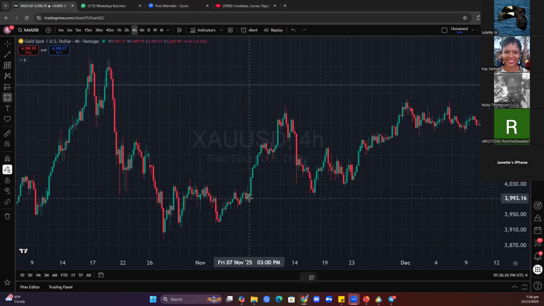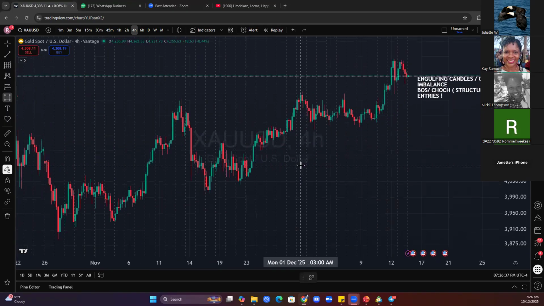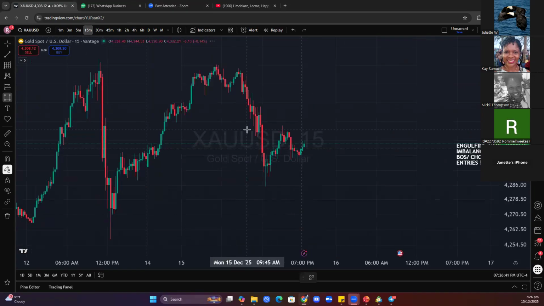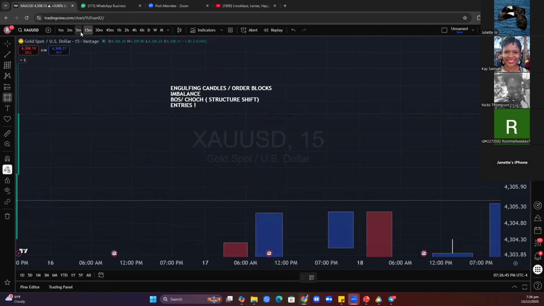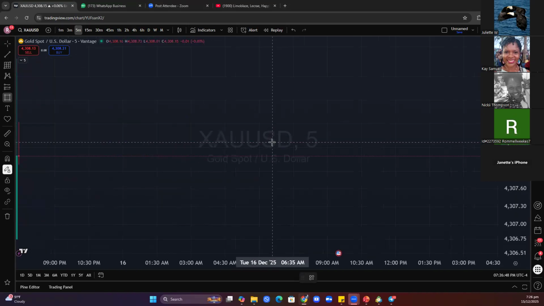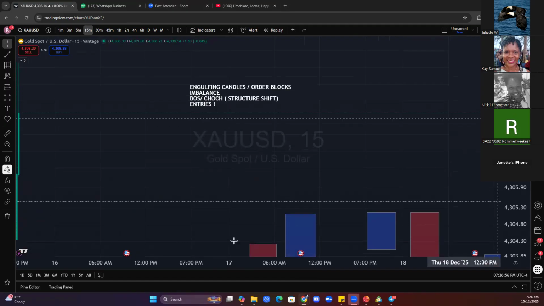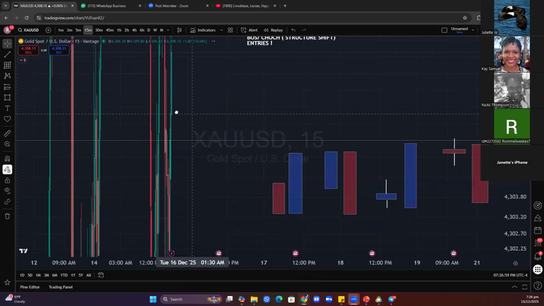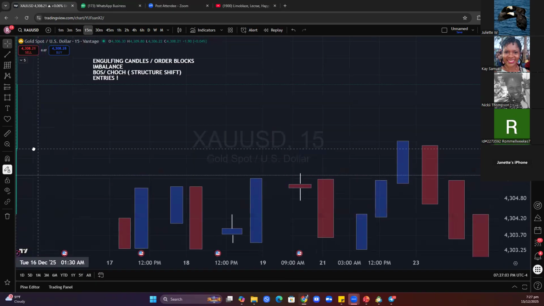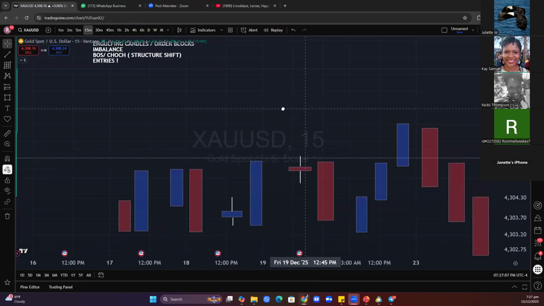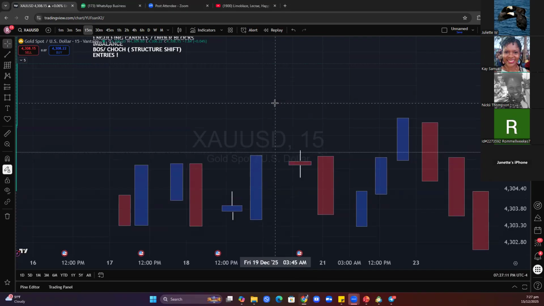All right. So here, for example, we have a bullish engulfing candle. So if we look at where the momentum began, the best way to identify where it basically began is to utilize the candle that got engulfed.